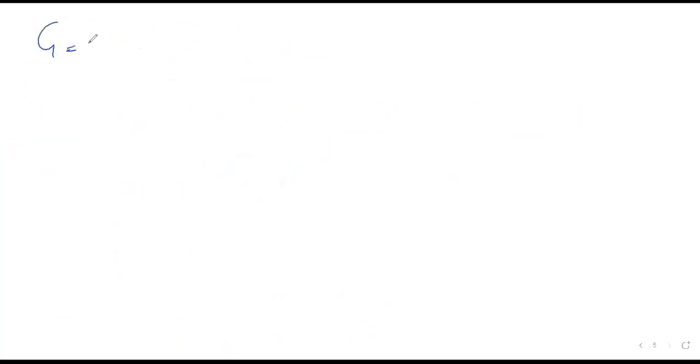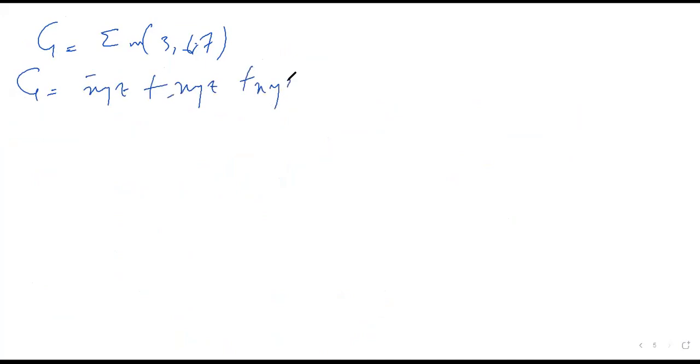So we have our function G, which is the sum of min terms 3, 6, 7. G is x bar y z plus x y z bar plus x y z.